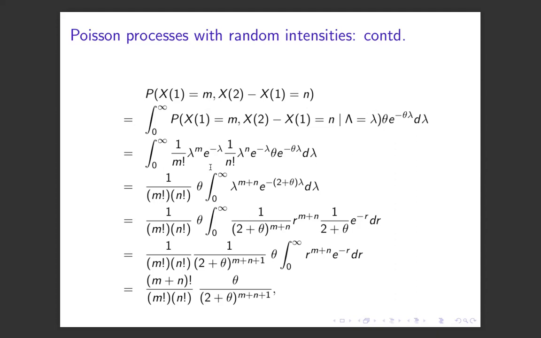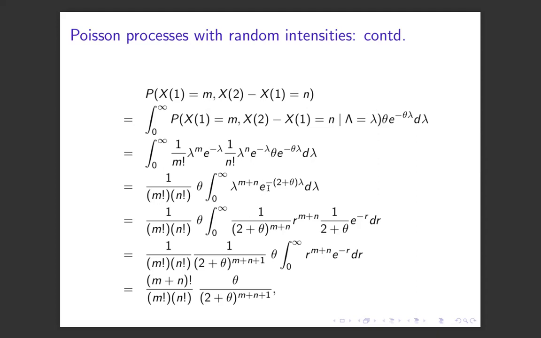From this, you take out the two factorial terms and also this theta. Then those are outside, and the integral from 0 to infinity of lambda to the power m plus n, that comes from these two terms. And then when you multiply these e to the power minus lambda terms, the indices get added up.